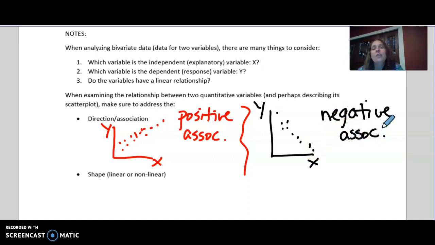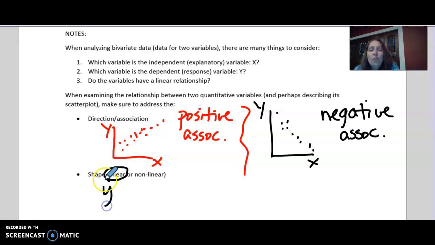So the association and the slope are basically the same kind of thing. It's just we're looking only at the sign, not the number. As far as shape, really we're just interested in whether this is linear or not. Yes, it is possible to take nonlinear data, do some transformations, and come up with a regression equation, but that is not something that's covered on the AP exam, or at least it's not supposed to be.